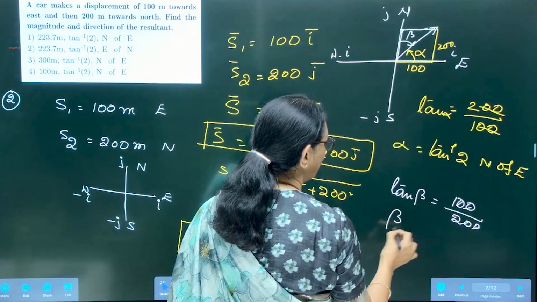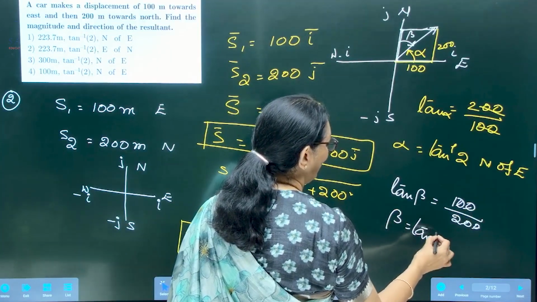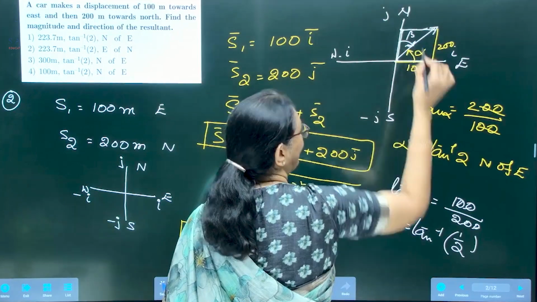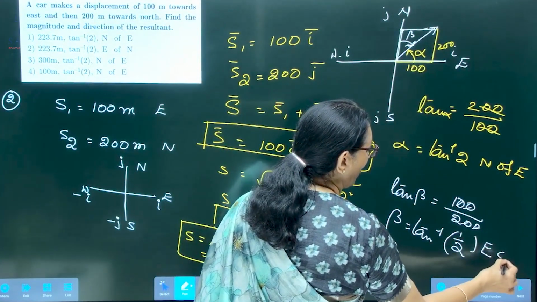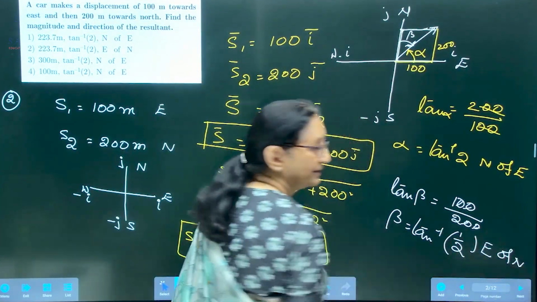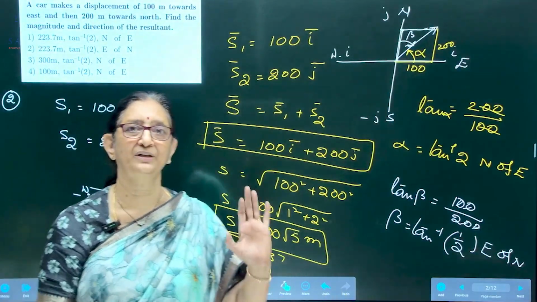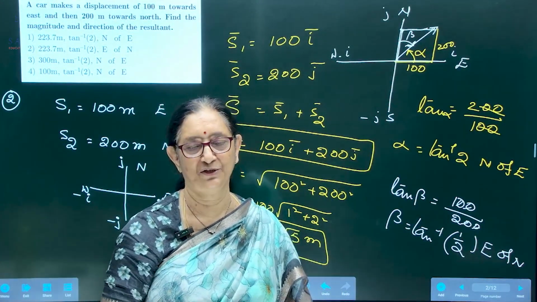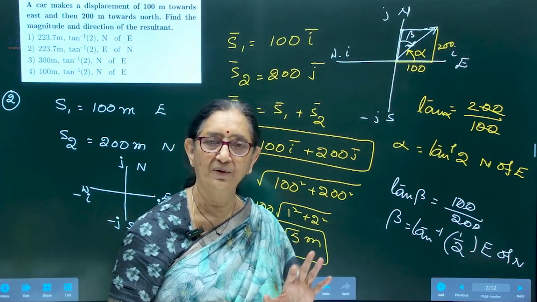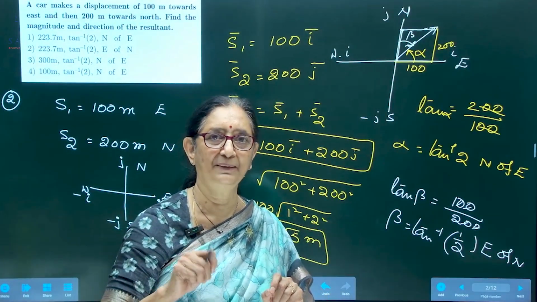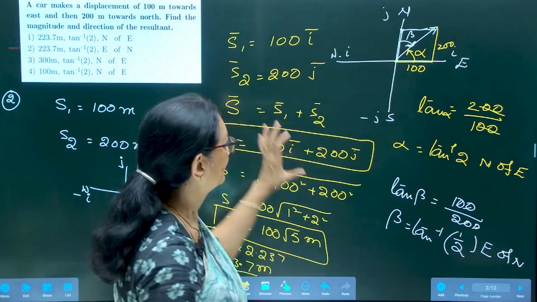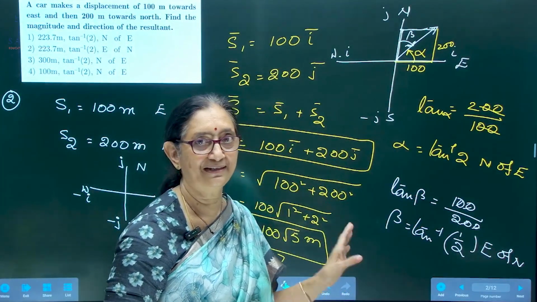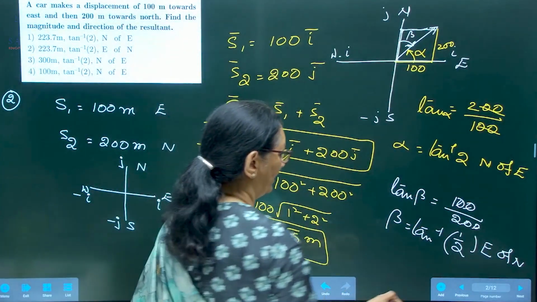So beta is equal to tan inverse 1 by 2. This angle is east of north. So you must be absolutely confident in mentioning the direction. If you want to repeat that problem once again, just go back to the same video. That is a very important model.